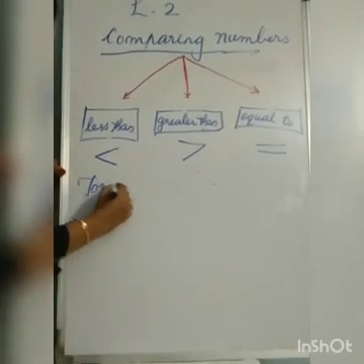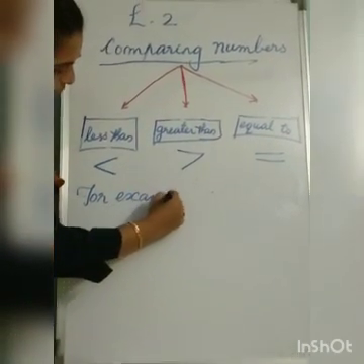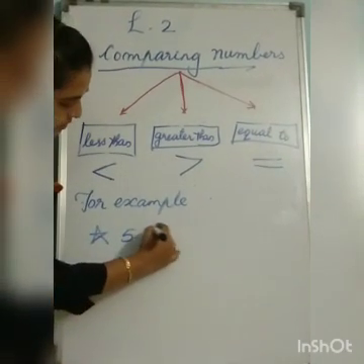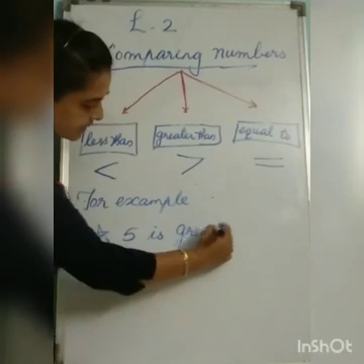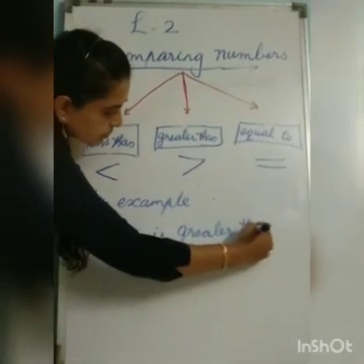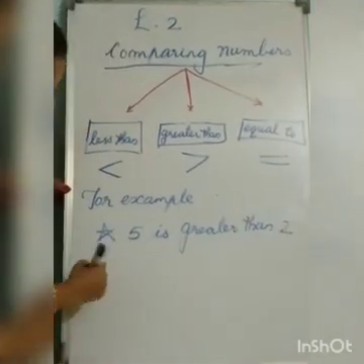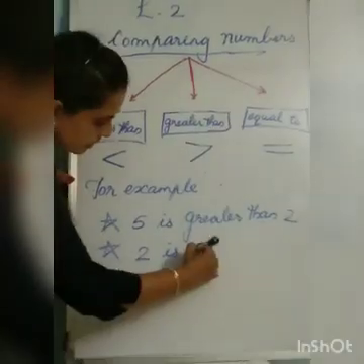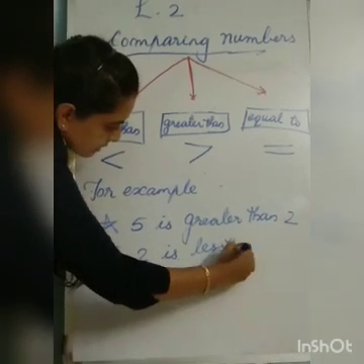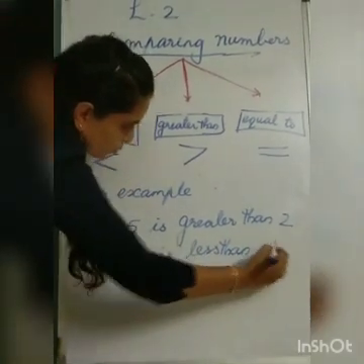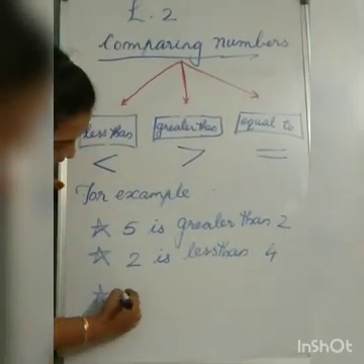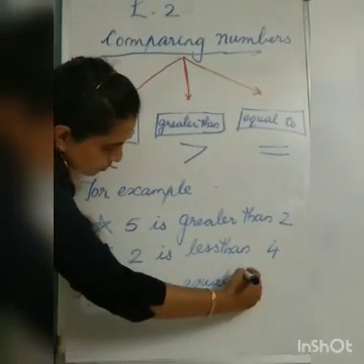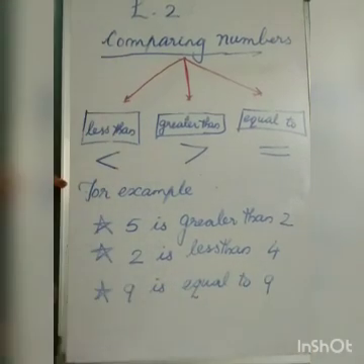For example, 5 is greater than 2. 2 is less than 4. 9 is equal to 9.